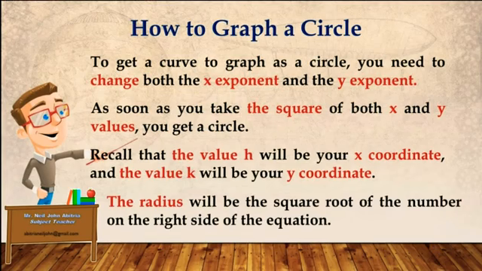The radius will be the square root of the number on the right side of the equation. You can use a calculator to find the square root of that number and use that as the radius. Whatever the units of measure are in your center radius form, those are the units to use in your graph.